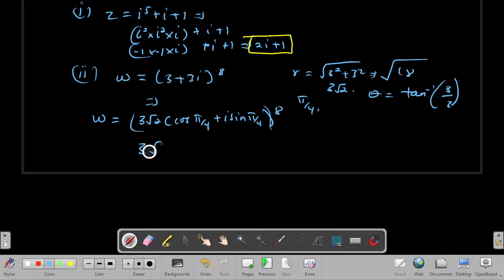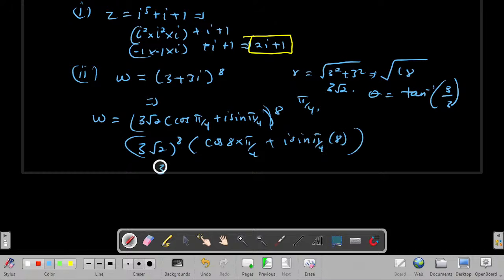So I have (3 root 2) to the power 8, then cosine of the expression pi on 4 times 8, so 8 times pi on 4, plus i sine pi on 4 times 8. So this gives me 3 to the power 8 multiplying 2 to the power 4, because this is square root, so the 2 will cancel the 8, I get 4. Then 4 goes into itself, so cos 2 pi plus i sin 2 pi. So what is 3 to the power 8?